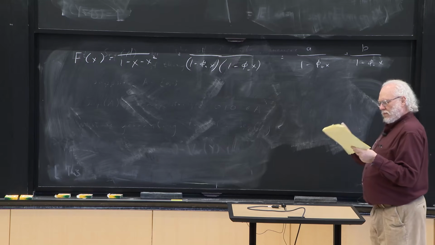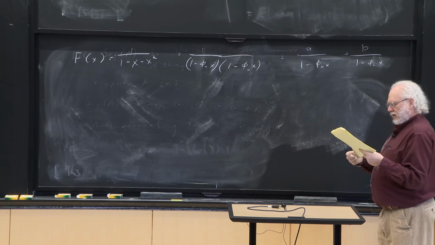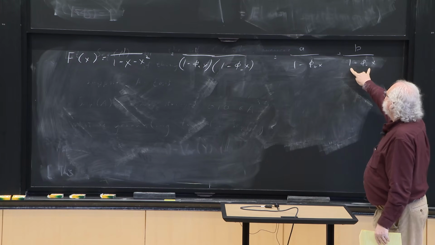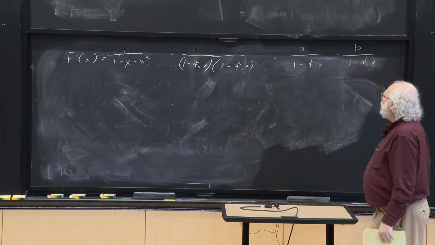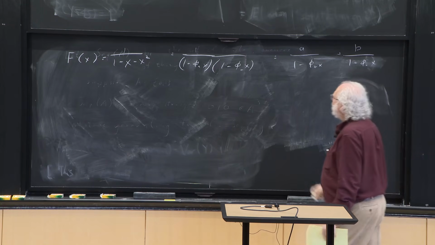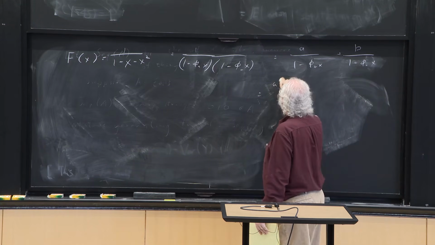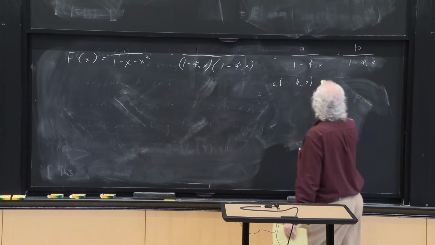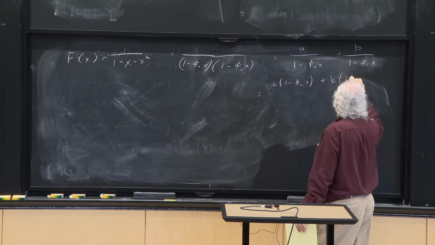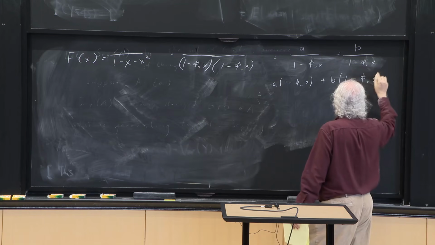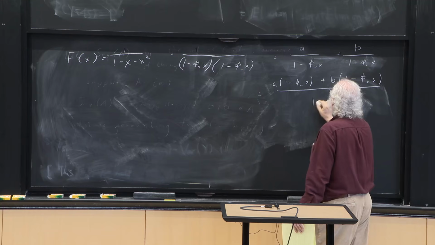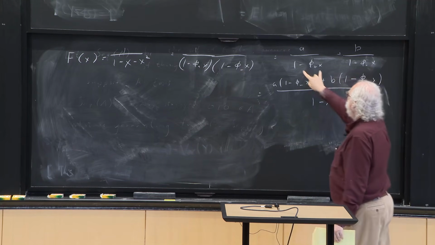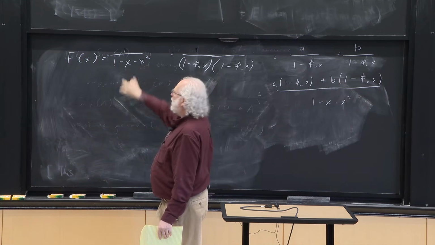Okay, so what do we do with this? Well, let's try to solve this equation. So this is equal to a times 1 minus phi minus x plus b times 1 minus phi plus x over 1 minus x minus x squared, because this times this is 1 minus x minus x squared.